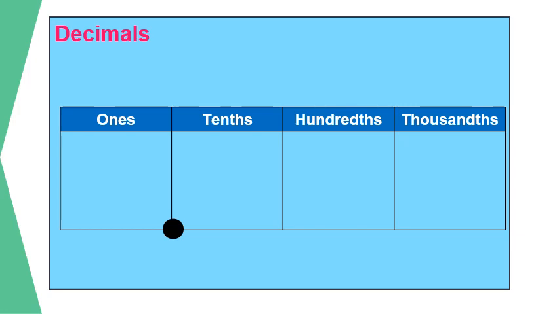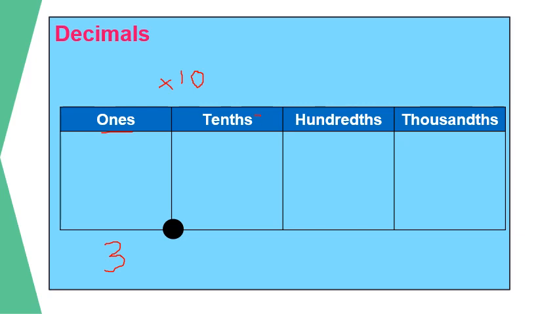Now let's look at our decimal system before we start looking at number sentences involving decimals. The first really important thing to realize is that each of these place values is separated by a multiple of 10. So here we've got our ones, which are our whole numbers. Let's say we've got 3, so that's 3 wholes. And here we've got decimal places, which are less than a whole. They're still a number, but they're less than a whole.